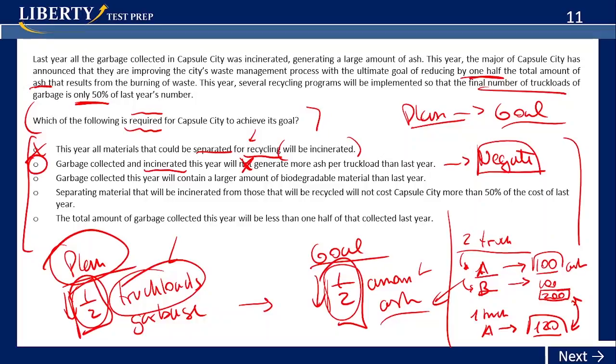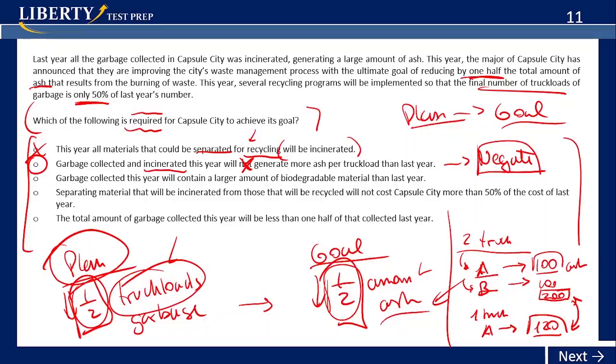Now let us see: garbage collected this year will contain a larger amount of biodegradable material than last year. They're adding a new factor, the biodegradable material. It doesn't convince me, but if something is biodegradable, it's better for the environment, apparently. You don't have to burn it too much because it kind of goes away on its own.